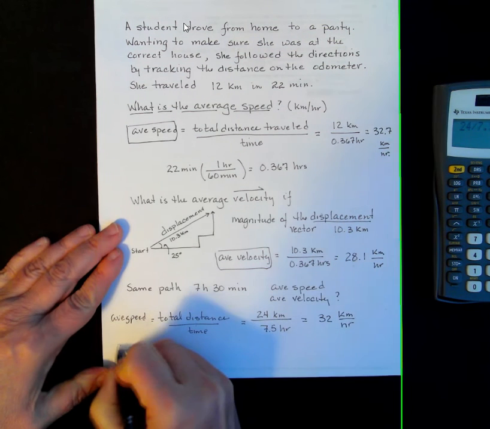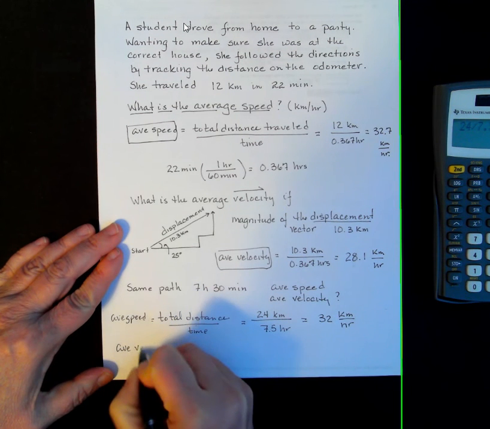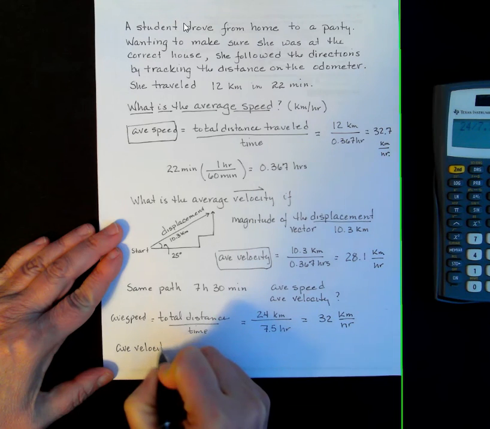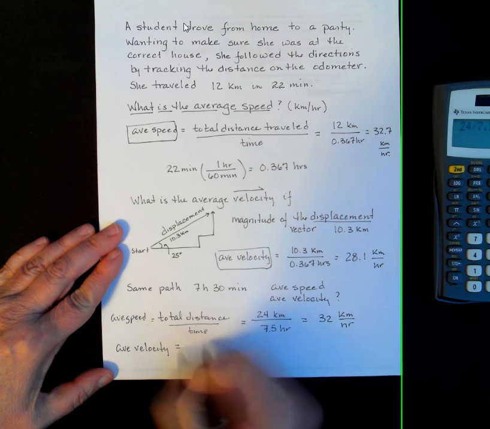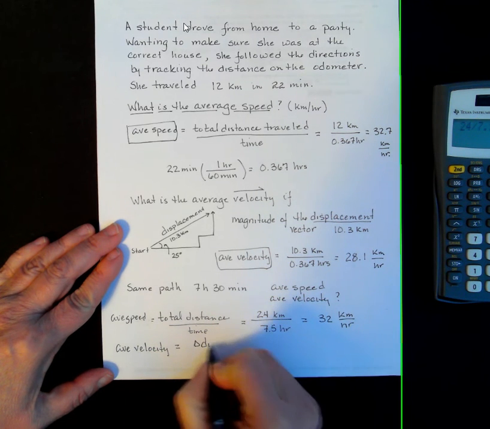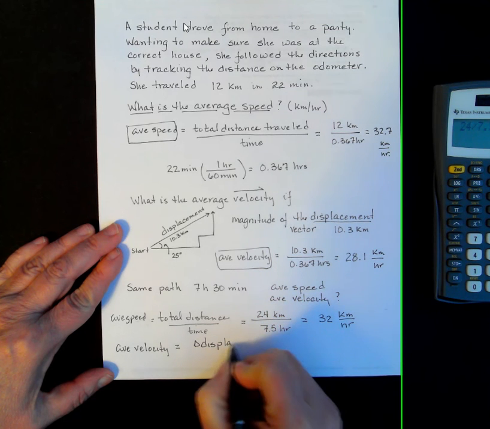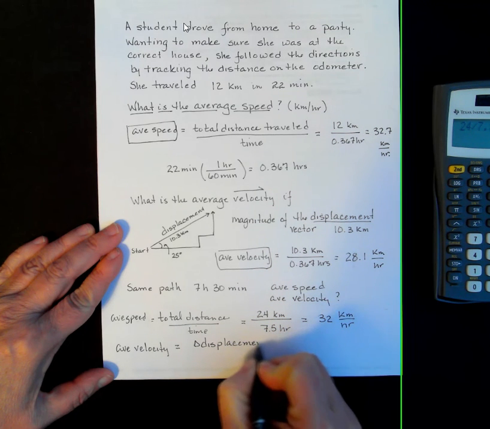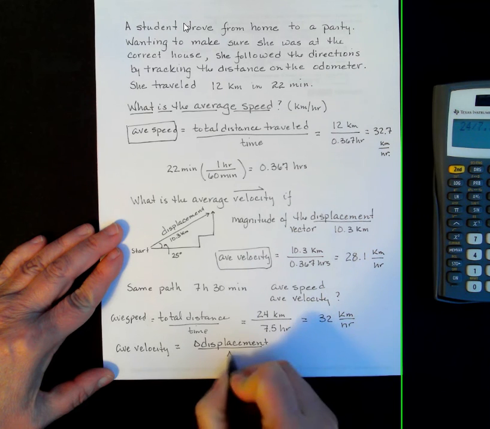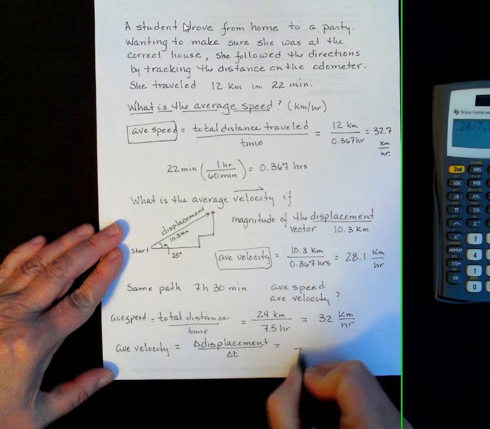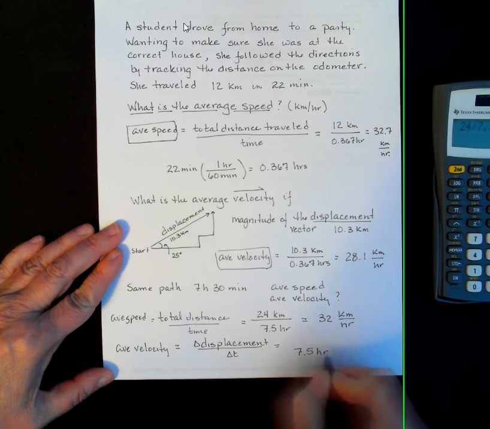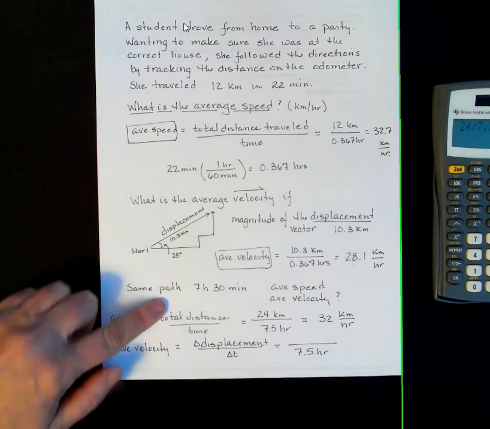But now if I want the average velocity, that is my change in displacement divided by the time. Well, our time is 7.5 hours, but we traveled the same path.